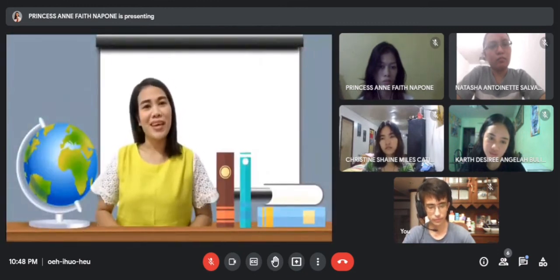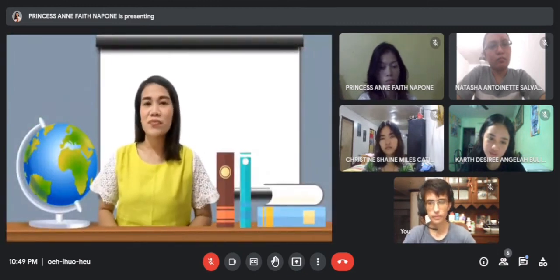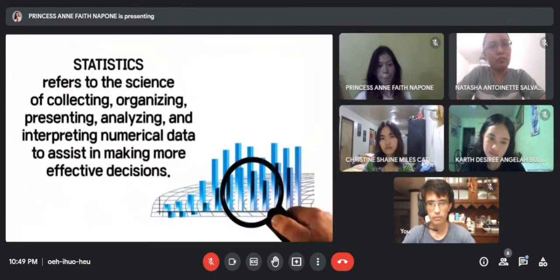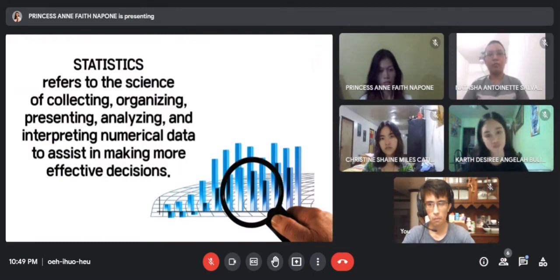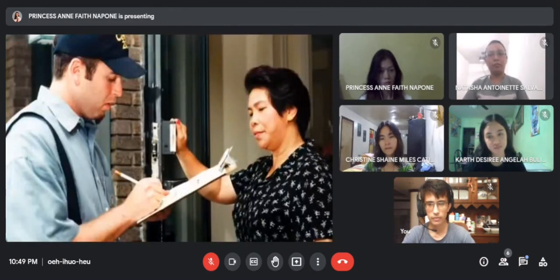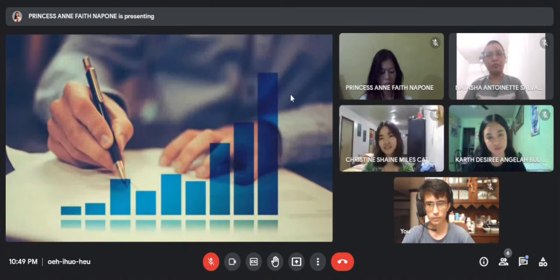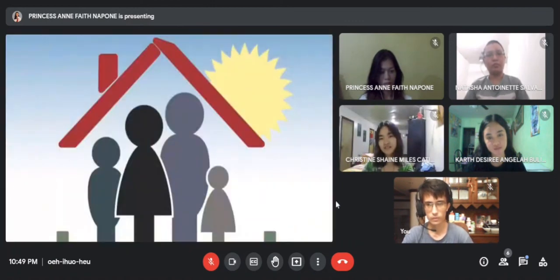To better understand demography, let us first define statistics. Statistics is the science of collecting, organizing, presenting, analyzing, and interpreting numerical data to assist in making more effective decisions. If you could remember, there are times members of some statistical organizations come into our homes to collect numerical data, such as the number of people living per household.